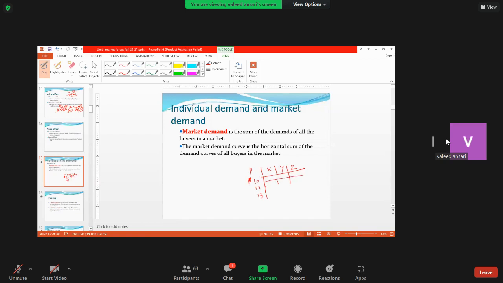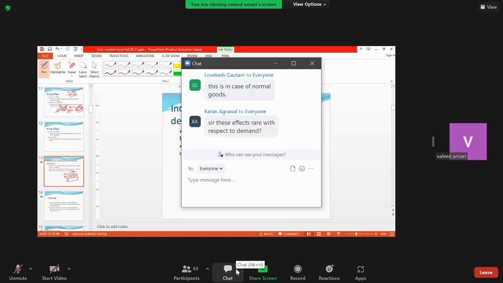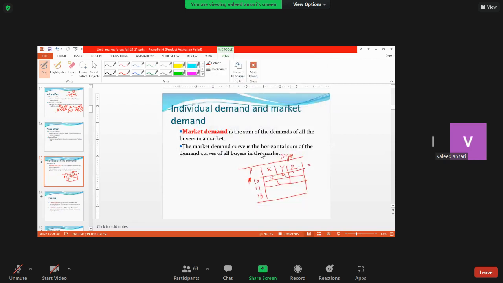Assuming that there are only three buyers, if we sum up their demand, for example 5, 4, 3, so 12, then 12 units will be demanded at 10 rupees, and so on.